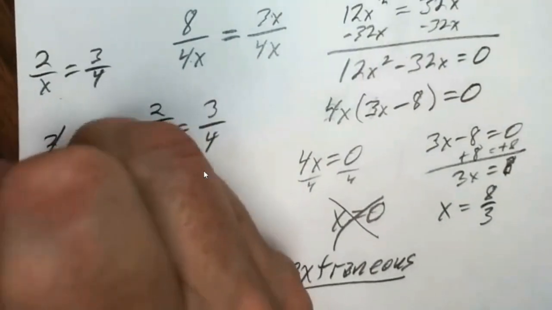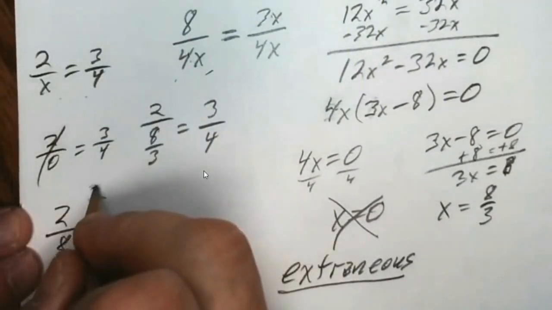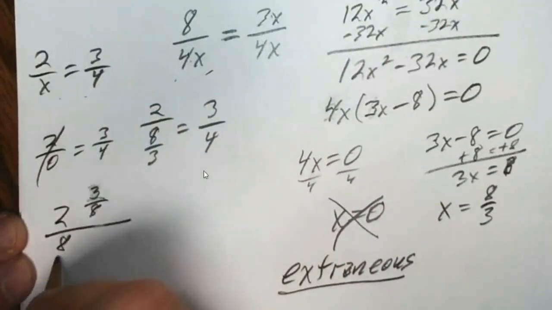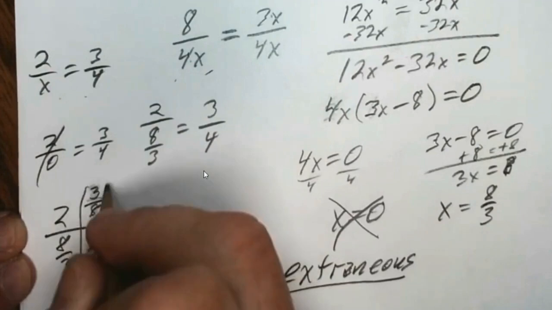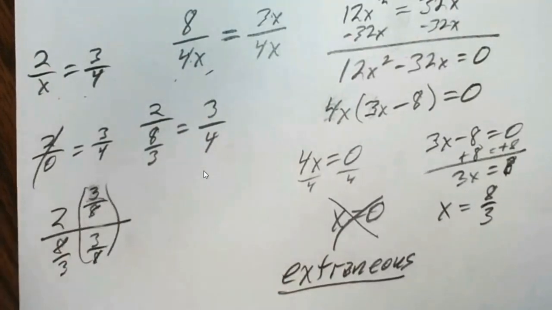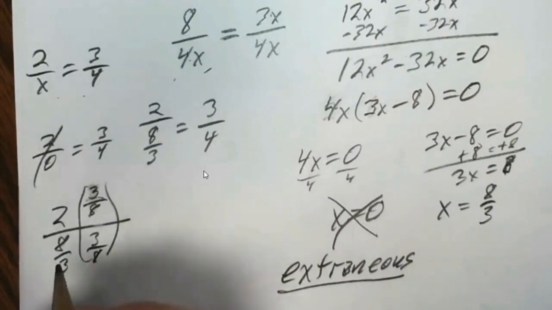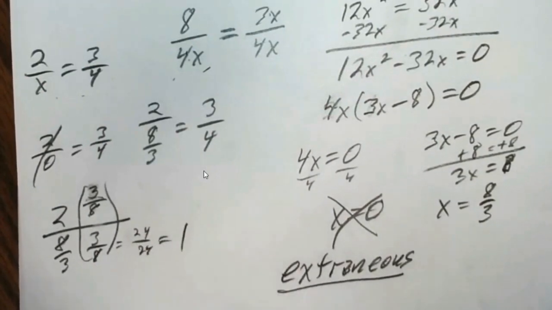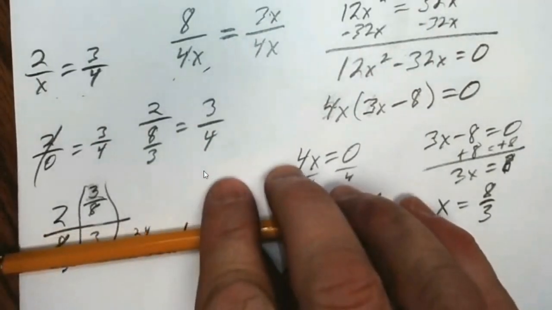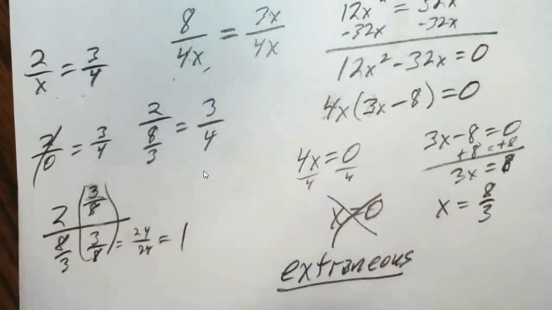It was 8/3, so I'm going by 3/8. So we're multiplying by 3/8 over 3/8, which is just 1. But this now, 8/3 times 3/8 is 24 over 24, or 1. So that gets rid of the bottom because anything over 1 is just 1.